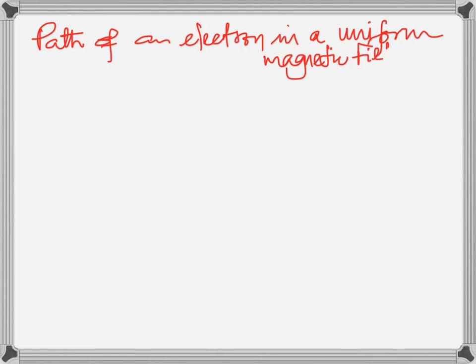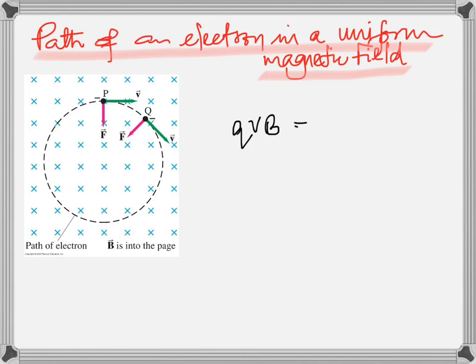If an electron enters a uniform magnetic field, then the force that acts on it is QVB, which is the maximum force, and this is the centripetal force given by mv squared by r. So rearranging, you get R is mv by qb, and this is the principle used in the cyclotron.